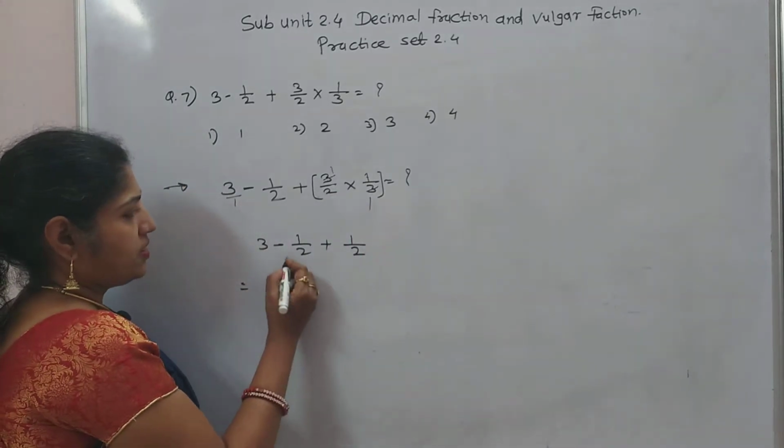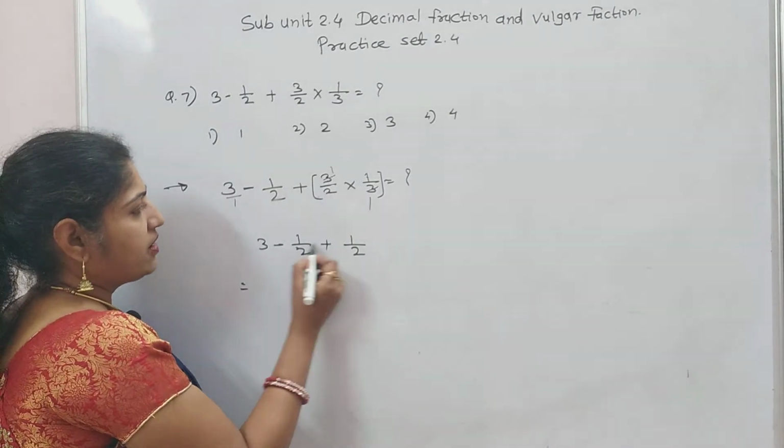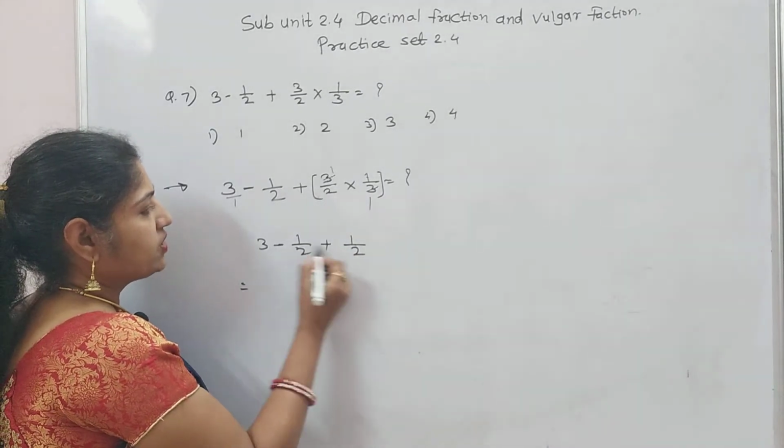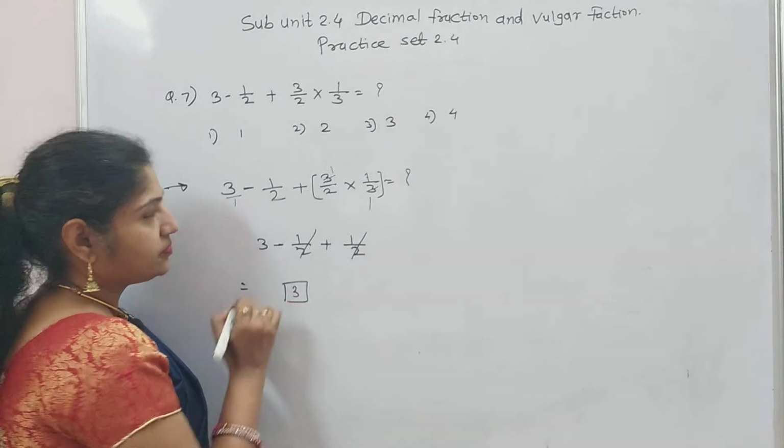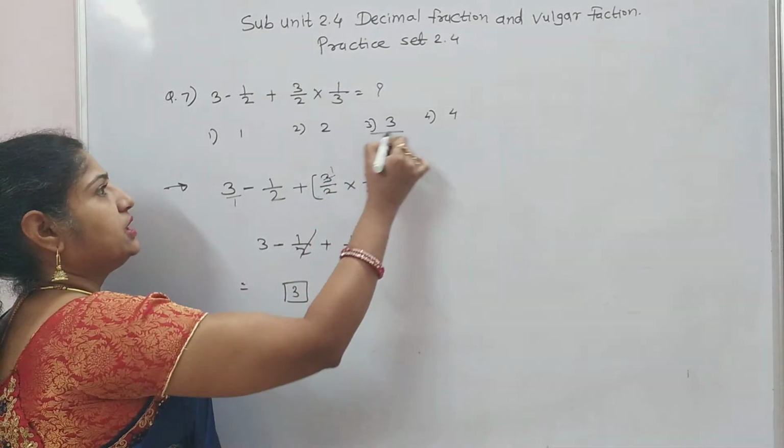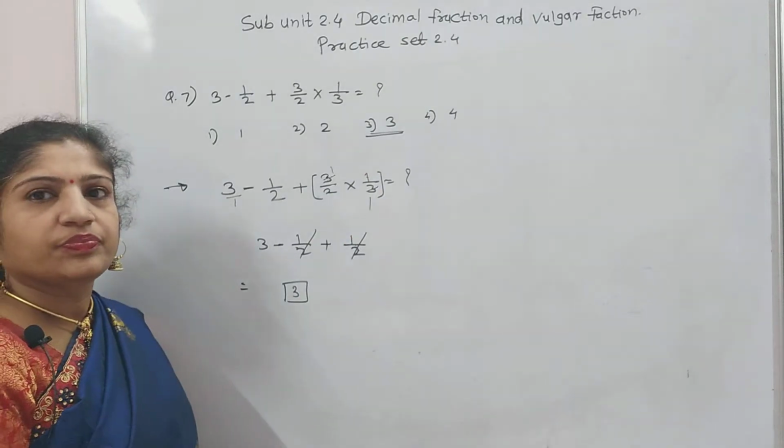Now minus 1 half plus 1 half, cut. Answer is 3. So option number 3 is the correct answer.